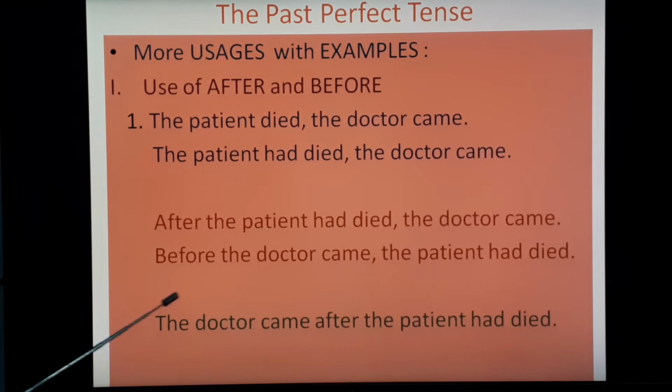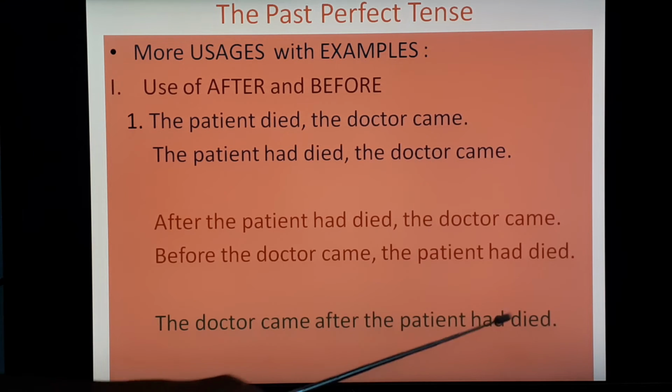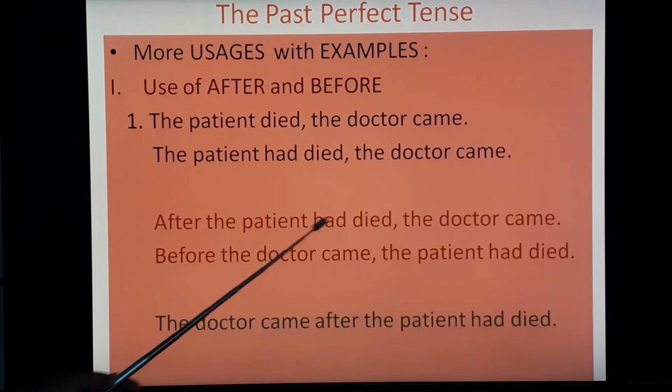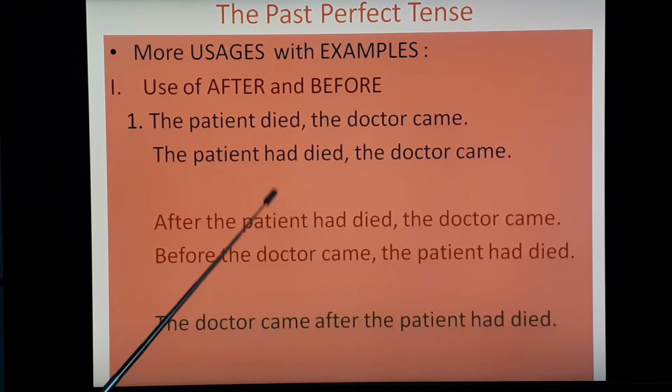So how to put? The doctor came after the patient had died. Here, after the patient had died. After is given in the beginning, here in the middle part. But don't change the sentence. Okay, don't change the sequence or don't change the action. It will be the same, just you have to change the place.